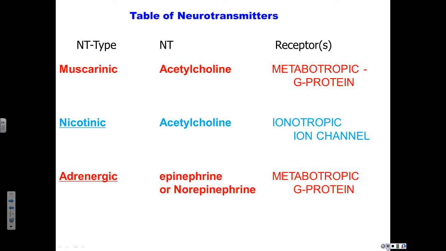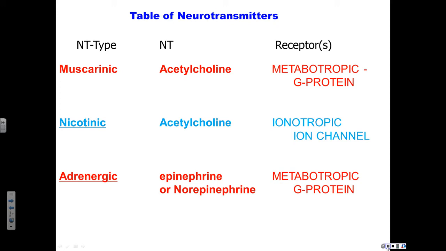So they only work through metabotropic. And those receptors are called adrenergic receptors. You're going to hear that word a lot, so learn it. So epinephrine is the neurotransmitter, the receptors are adrenergic, and the effects are called adrenergic effects. And as you'll see later, when Dr. Westphal talks, these will be the sympathetic, when he talks about sympathetic and parasympathetic.